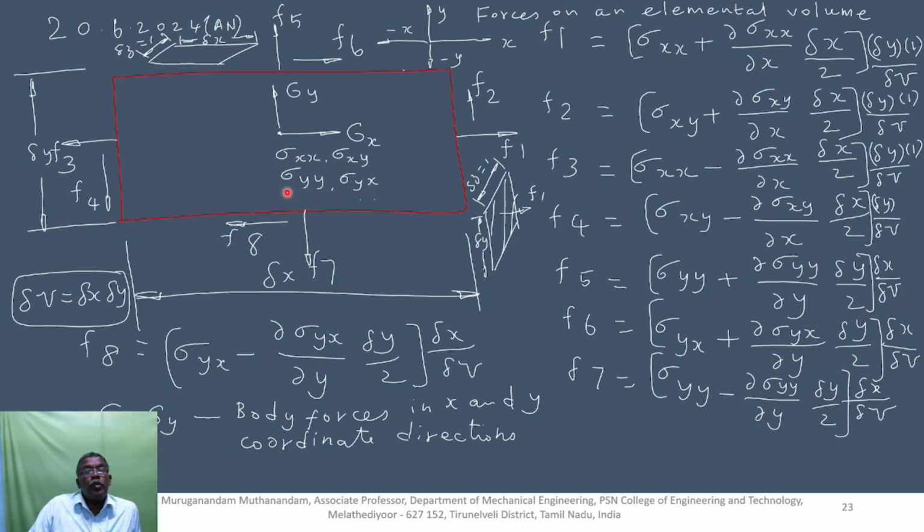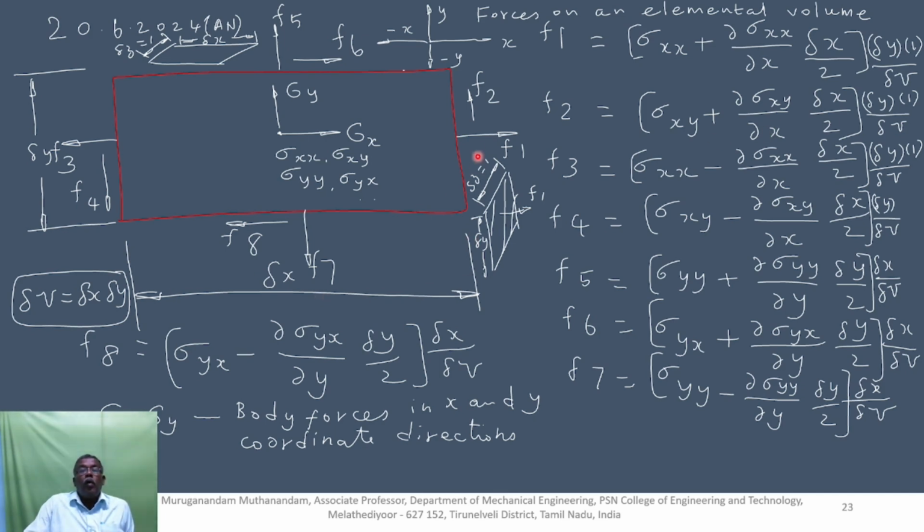Using these four stress components, the net forces on the east side, west side, south side, and north side of the control volume are given by F1, F2, F3, F4, F5, F6, F7, F8.